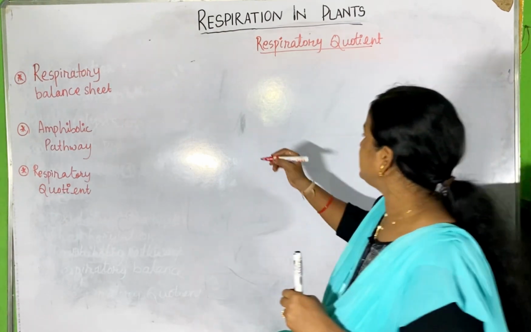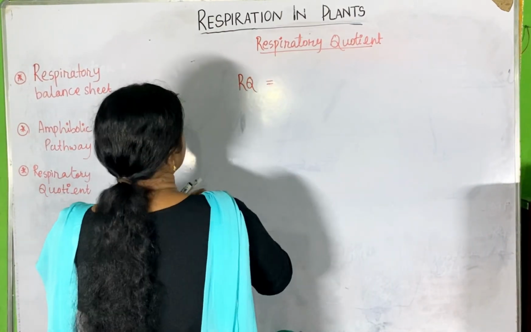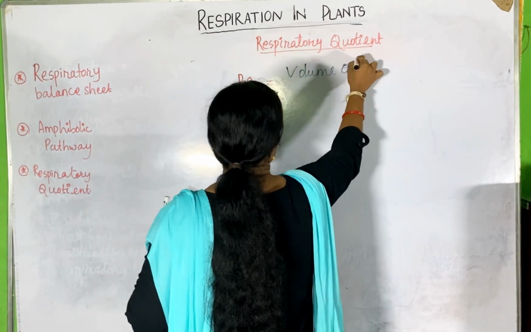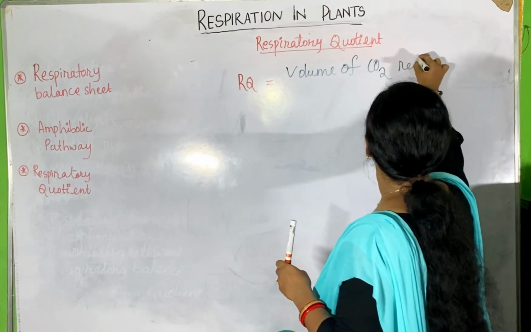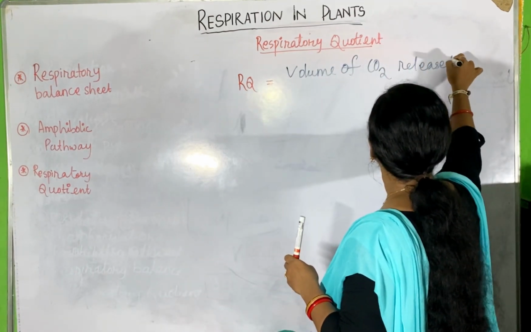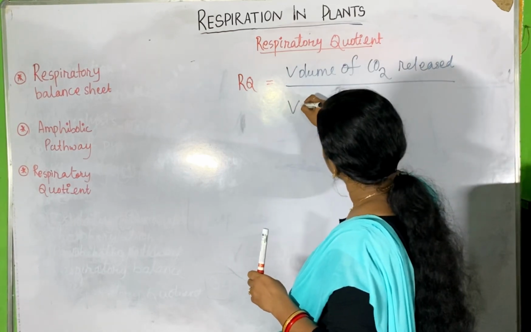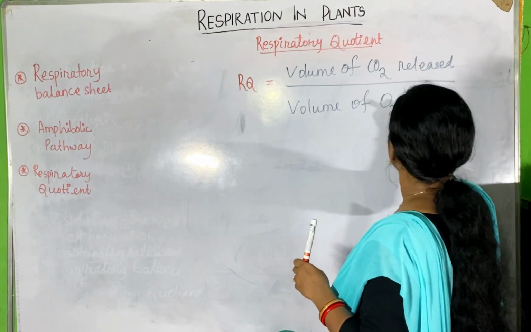So respiratory quotient is the ratio of the volume of carbon dioxide released divided by the volume of oxygen utilized.